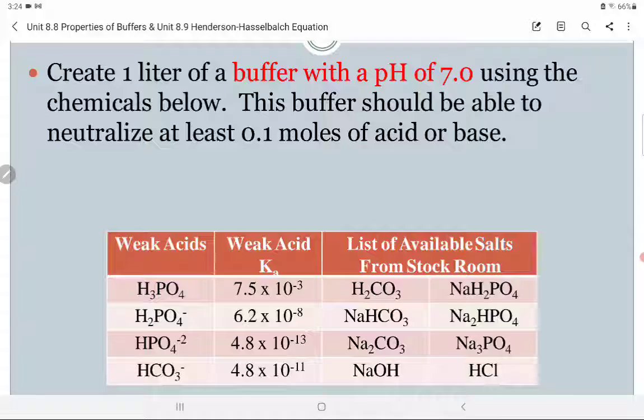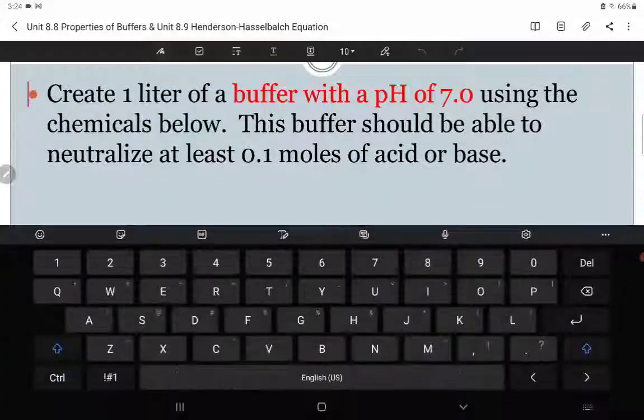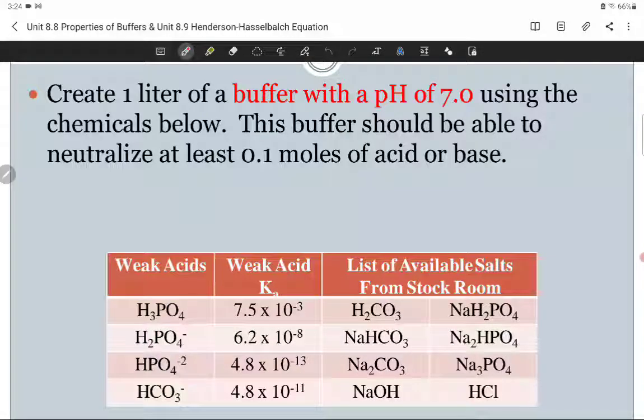So this one, I needed a pH of 7. So let's think about the Henderson-Hasselbalch. Okay, so 7 for pH. I would want a pKa that is as close to 7 as possible.